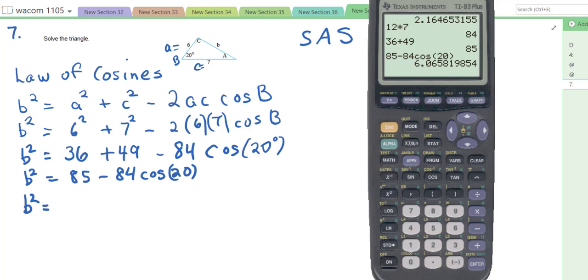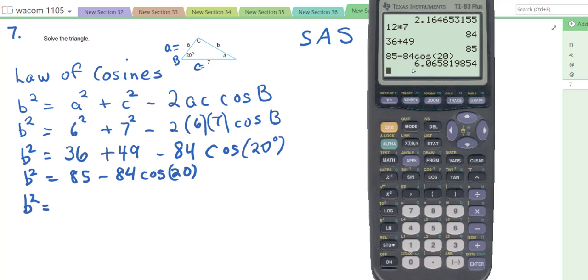Now I'm going to keep that in my calculator. I should have made my screen smaller so I could keep the calculator up there. I'm going to do second square root. I'm going to save that value and dump it back in so that I don't get so much round-off error.